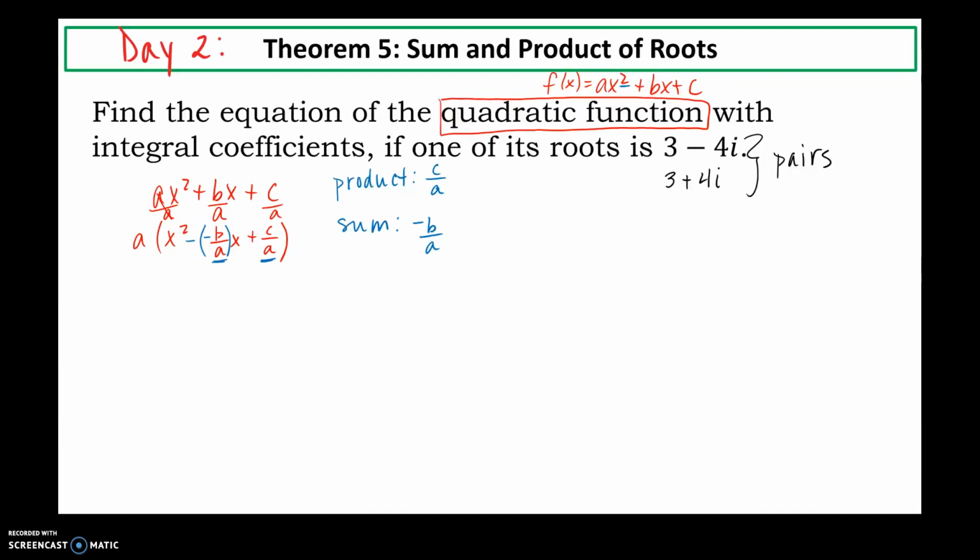To write a quadratic function will always be in the form f of x equals a times x squared minus the sum of the roots times x plus the product of the roots.